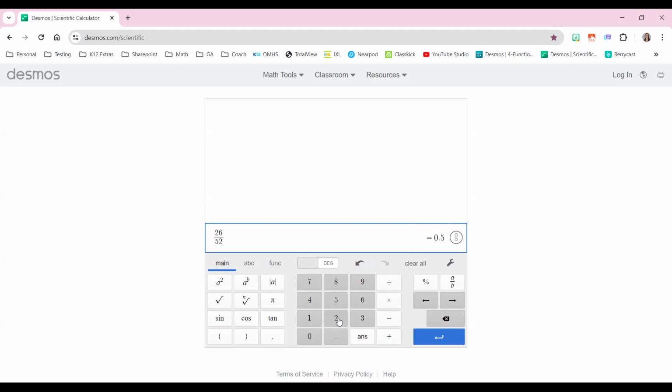So we can take this decimal and multiply by 100, and now we have the percentage form. So as a fraction, the probability of not getting a red card was 26 out of 52. As a decimal, it's 0.5. As a percent, it's 50%.